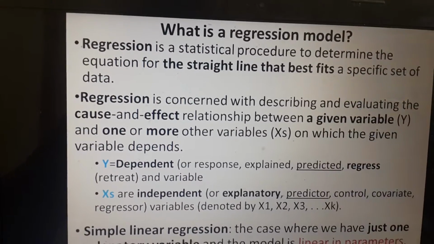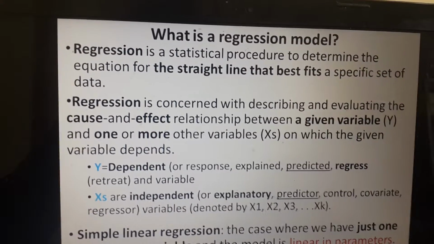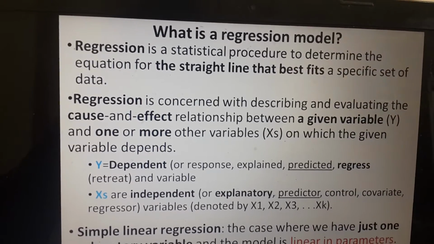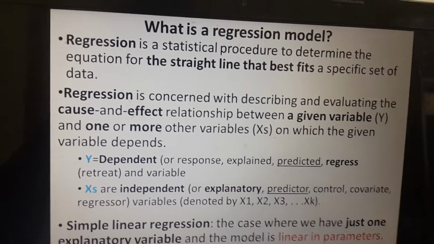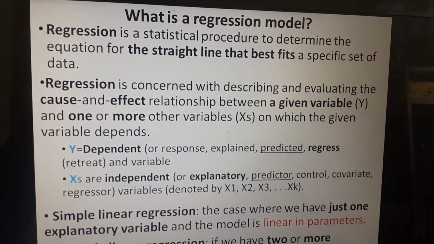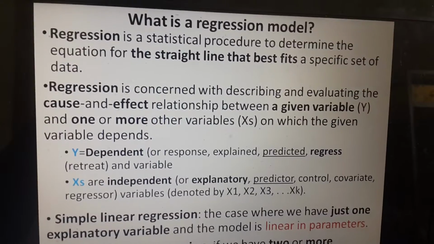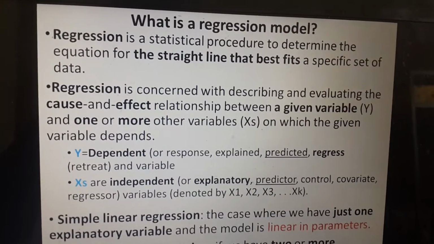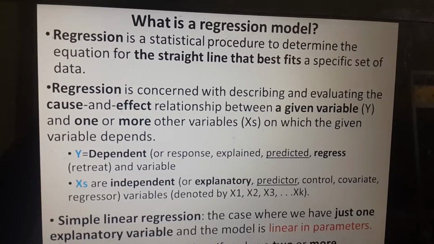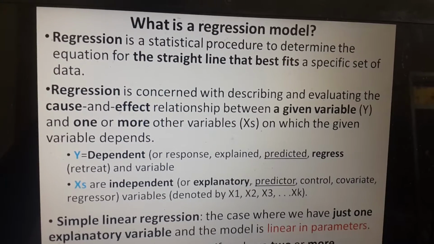As you see, regression is a statistical approach to determine the equation for the straight line that best fits a specific set of data. Regression is concerned with describing the cause-effect relationship between the y and one or more variables of the x.